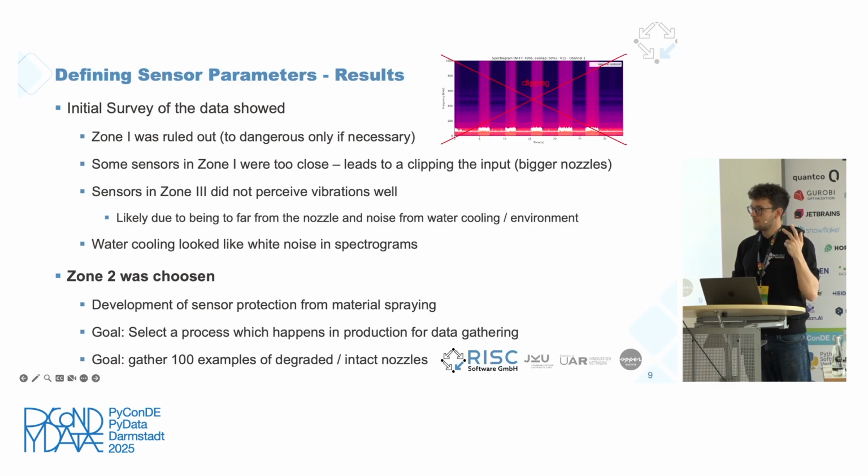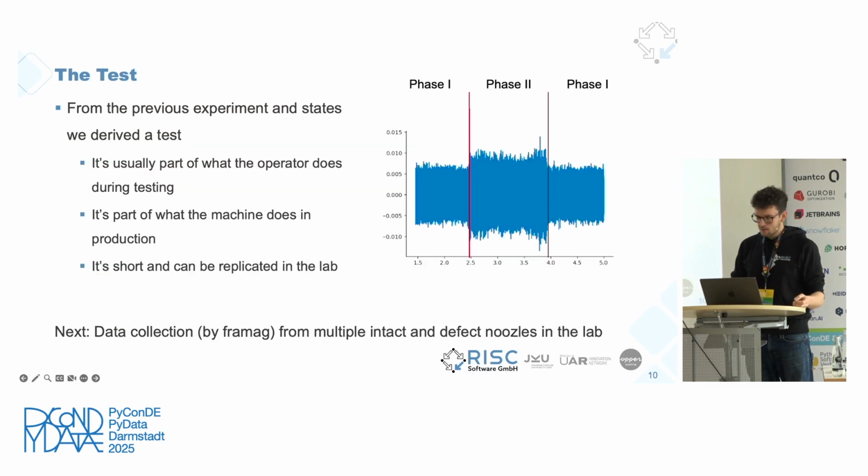We wanted to get our data. So at this point, we wanted to have a process, one of those we defined earlier, that we could repeat on good and bad nozzles to get our data, and actually try to set up a test set. To do that, we defined a test, basically.